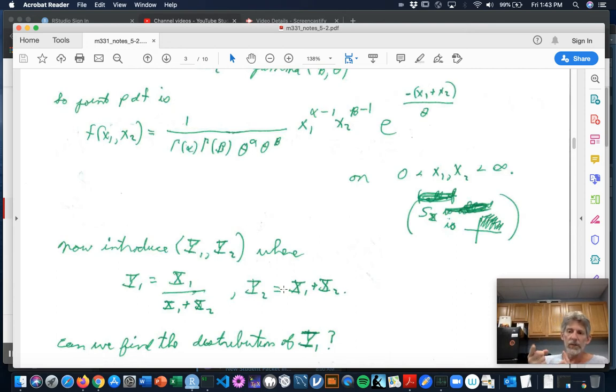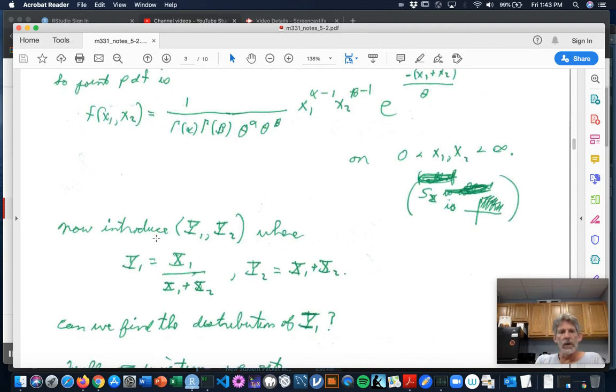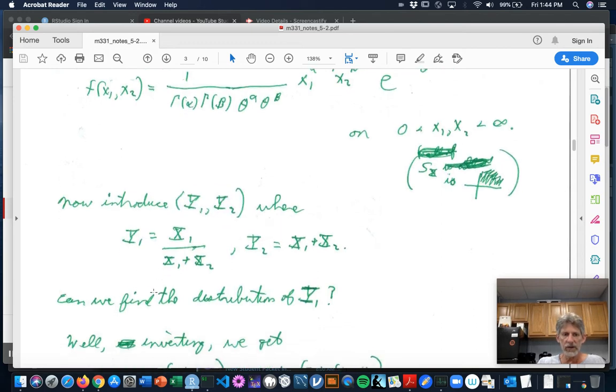Now, the reason somebody might pull that, quote unquote, out of the air is they're actually thinking ahead to how you would back solve and apply the change of variables. That choice for y2 turns out to be a convenient choice to make the back solving go well. Okay, so we're now down to looking into that new bivariate scenario. And if we can get its joint PDF, then maybe we could go ahead and get the marginal for y1. That's pretty much my strategy.